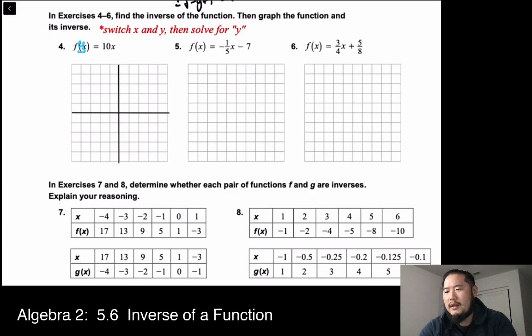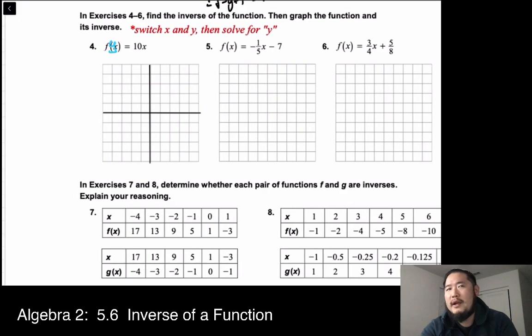So step 1, I will take my equation and write this as x is equal to 10 times y. So I switch the variables, and then we're going to solve for y, and I'll divide both sides by 10 right here. And so y is equal to x over 10.